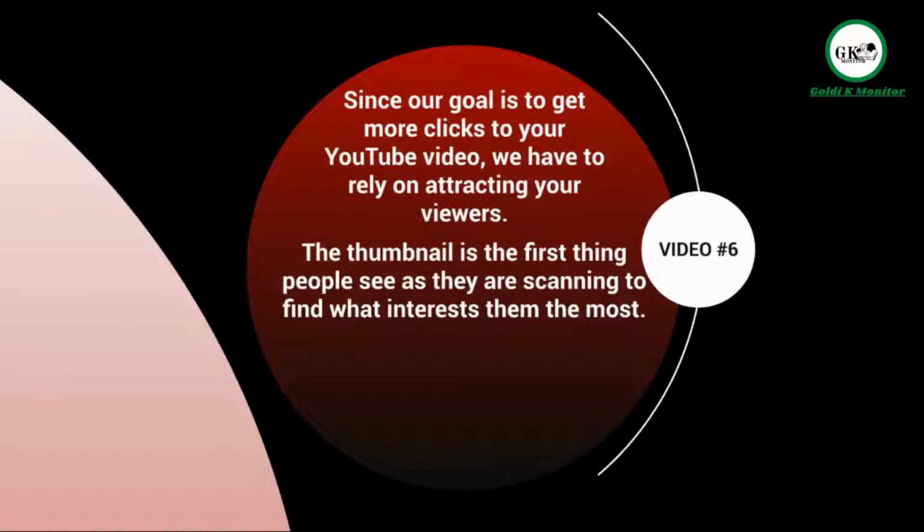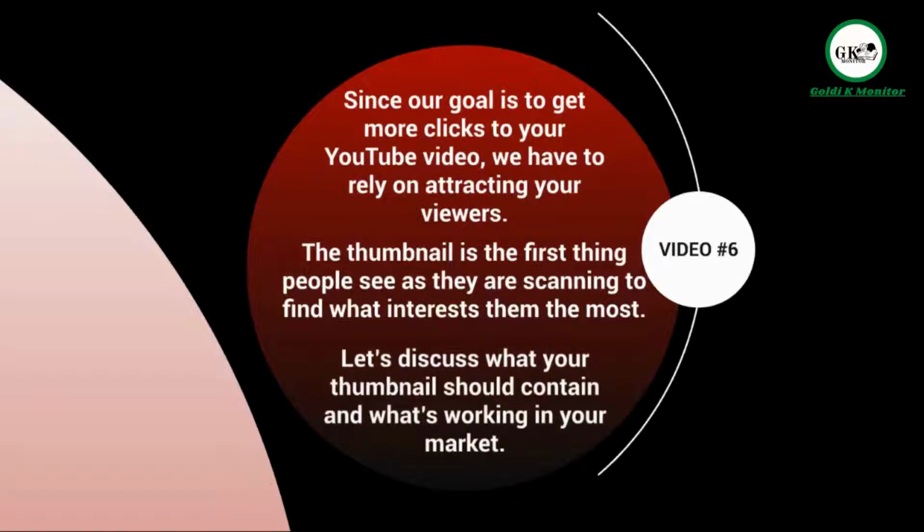In other words, if you go to youtube.com and you type in a keyword, you're going to see all the results with thumbnails, the titles, the descriptions, and all of that. So that's the first thing that they see. So let's discuss what your thumbnail should contain and what's working in your market and how to figure that out.